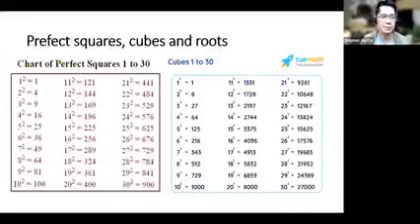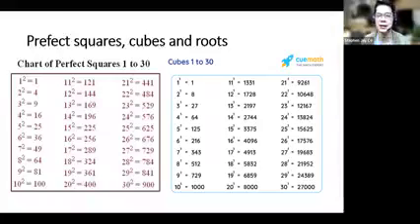Okay, another tip is that you need to also be acquainted with the perfect squares, perfect cubes, and the perfect roots. So this is the chart of the perfect squares of 1 to 30. Take note of the perfect squares, okay, and also the perfect roots.